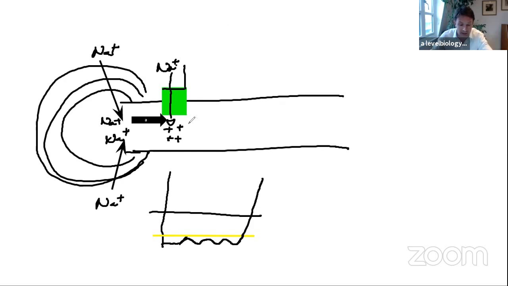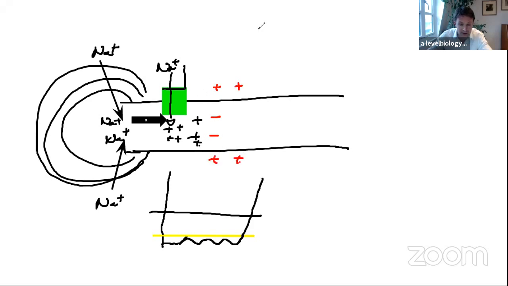Now the influx of those sodiums will mean that the next bit along of the axon, remember, is still negatively charged because there are more sodiums on the outside.